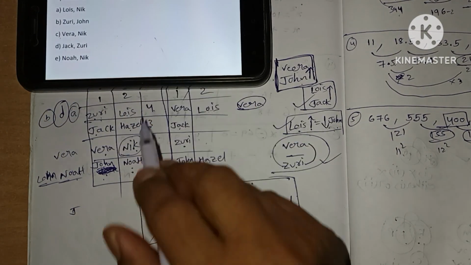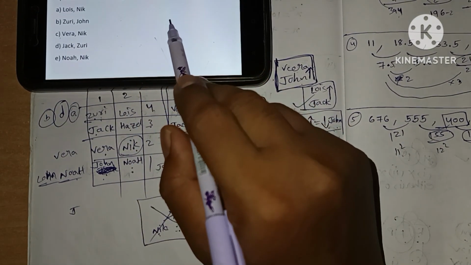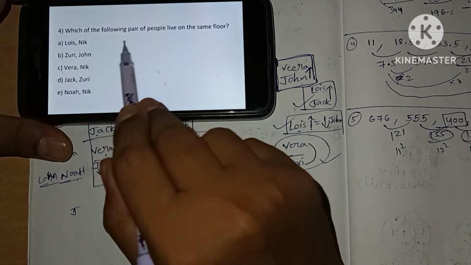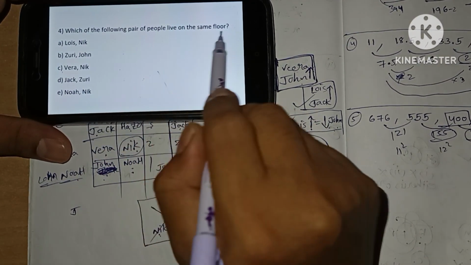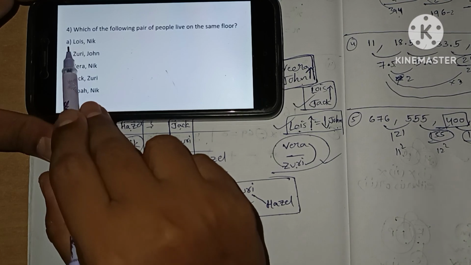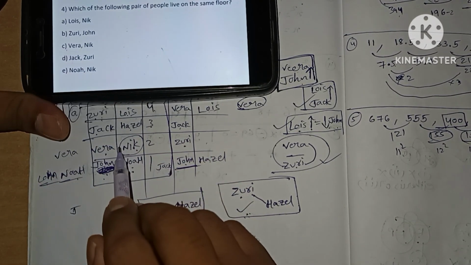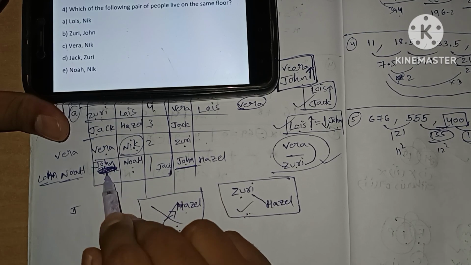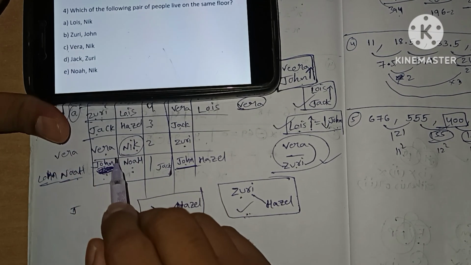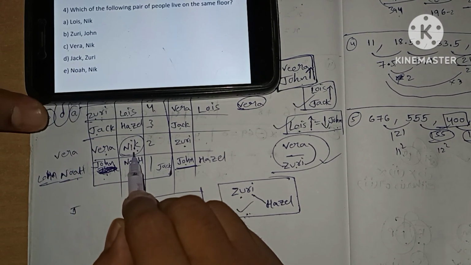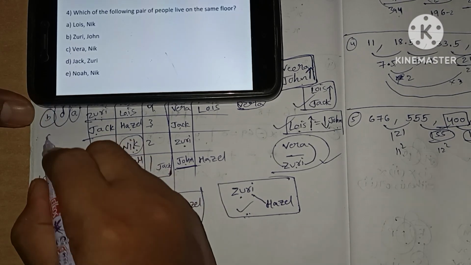Which of the following pair of people live on the same floor? Louis and Nick. No. Jury and John. No. Vera and Nick. Vera and Nick. So answer will be option C.